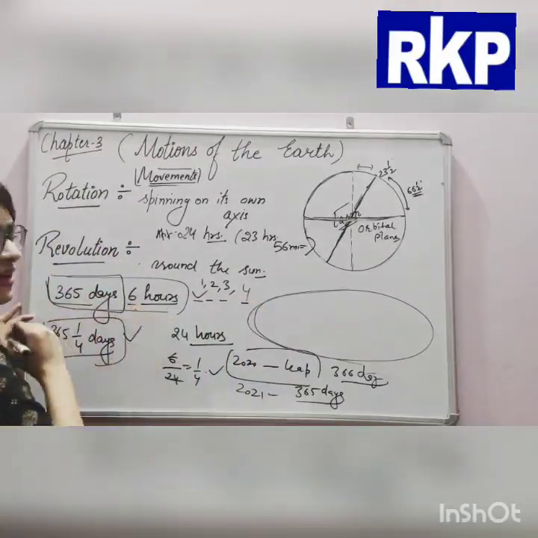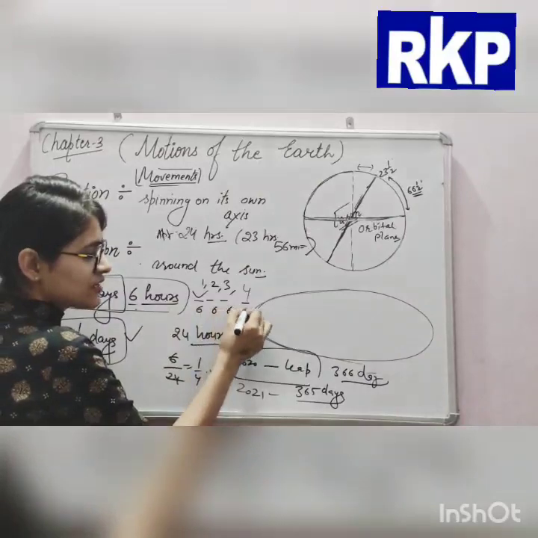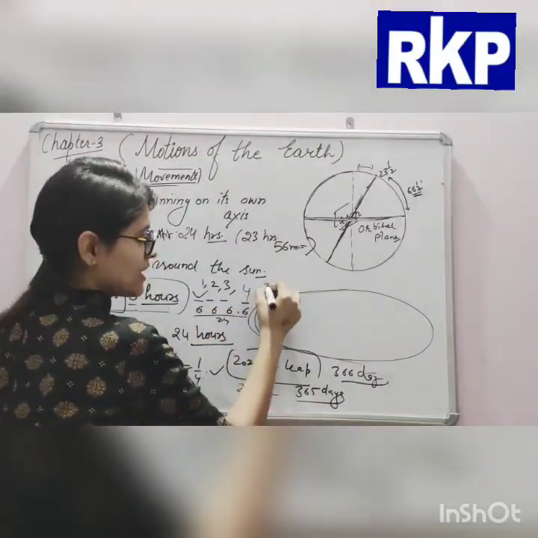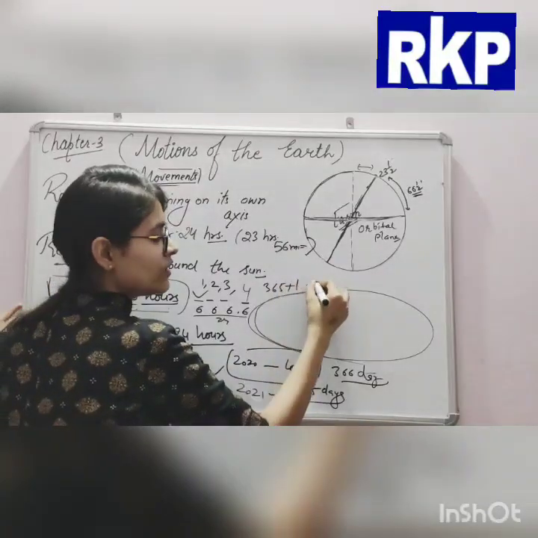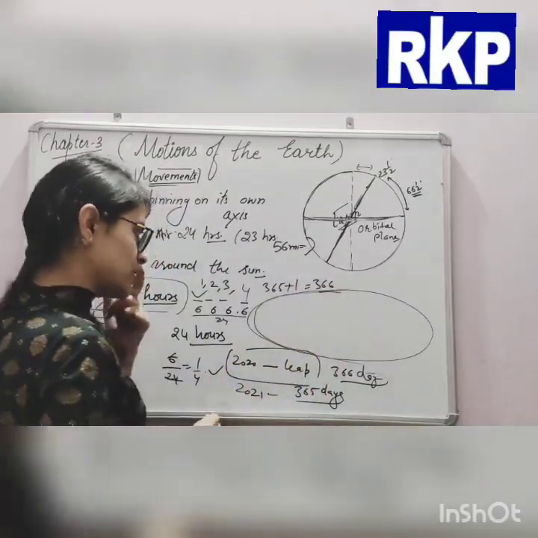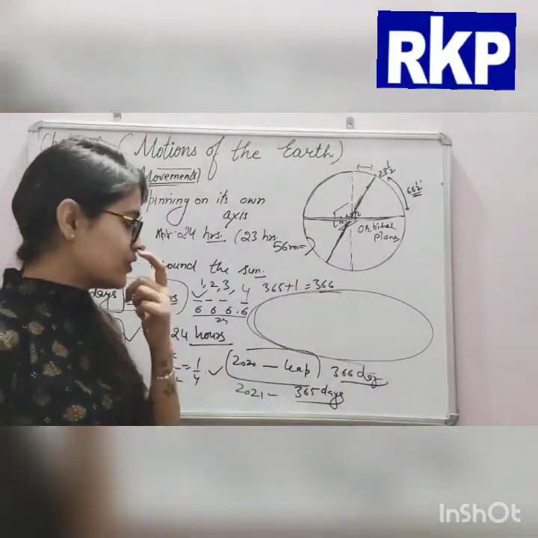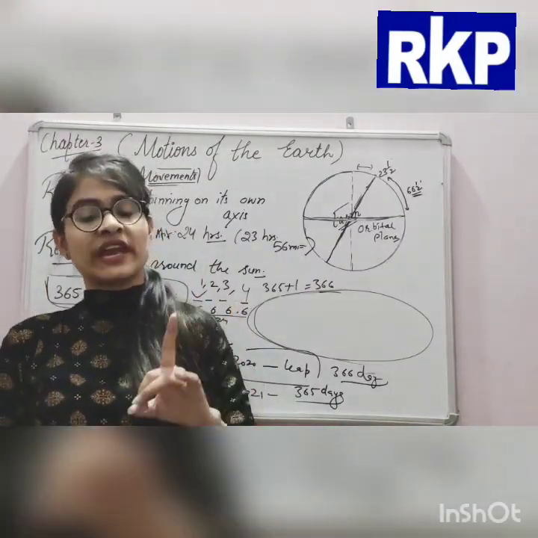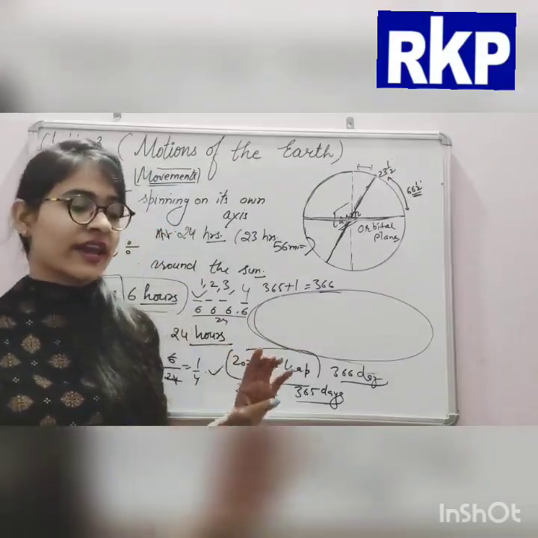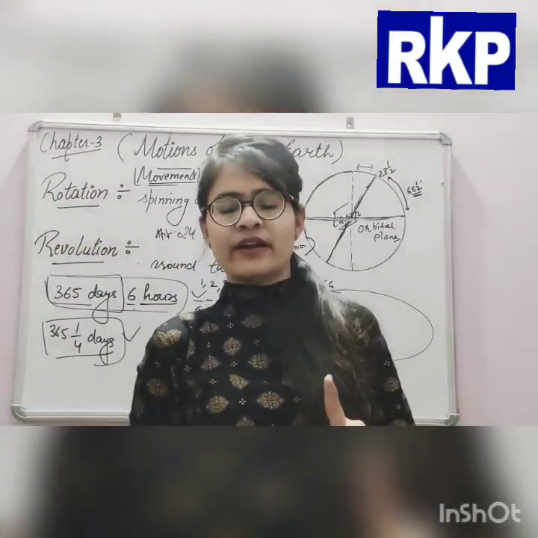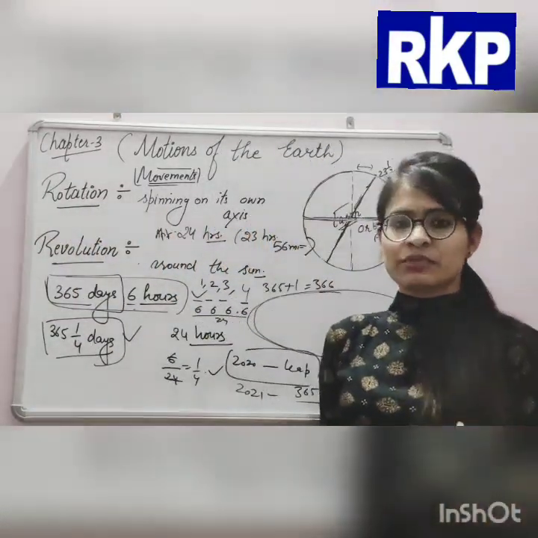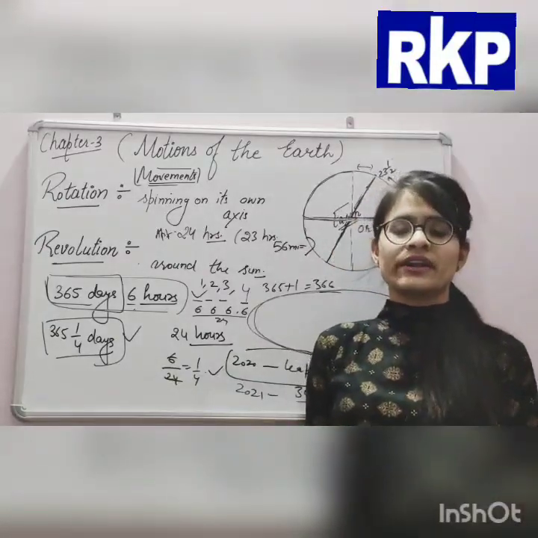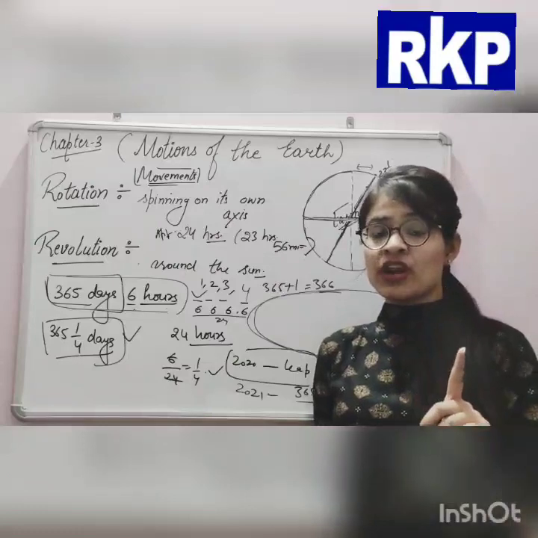But there are 6 hours here, 6 here, 6 here, 6 here, so it adds up to 24, which means 1 day. So in the fourth year what will we do? 365 plus 1, 366 days. So after a span of 4 years, 1 day will be added in the fourth year. The year where 1 day is added is known as a leap year, and a leap year will be only one which is completely divisible by 4, with no remainder.